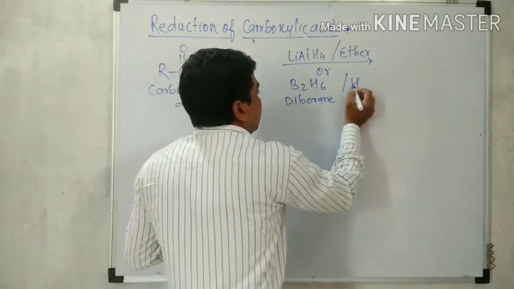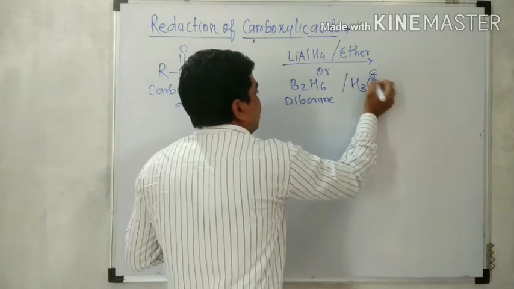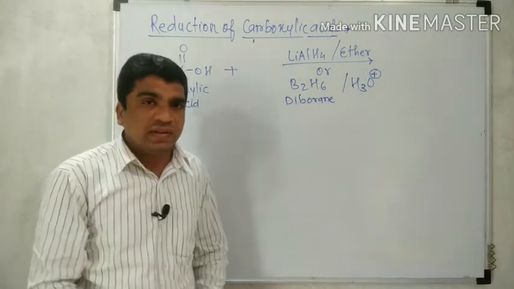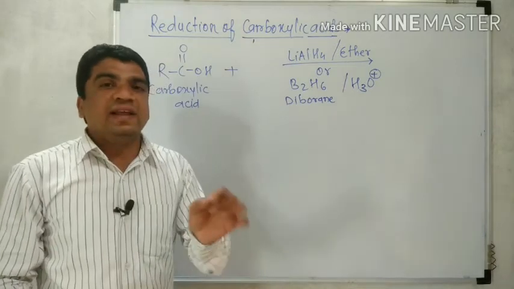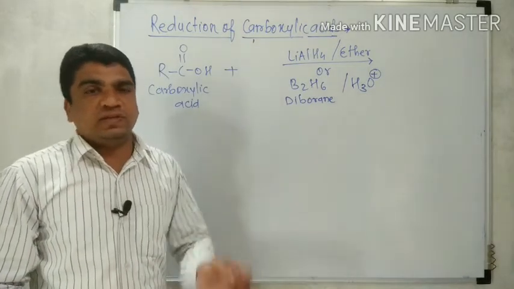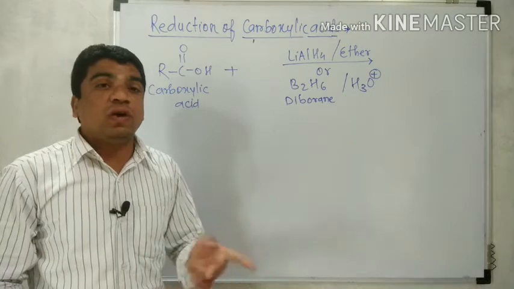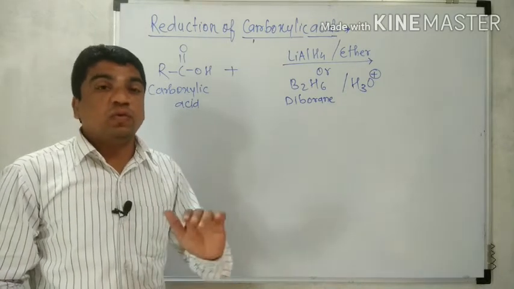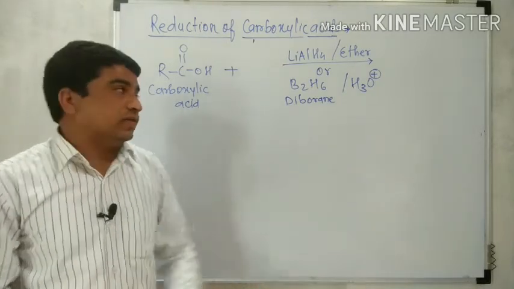Followed by hydrolysis, that is H3O plus. H3O plus means when acid is added in water, H plus plus H2O, which is called H3O plus. That is used in the step of hydrolysis.